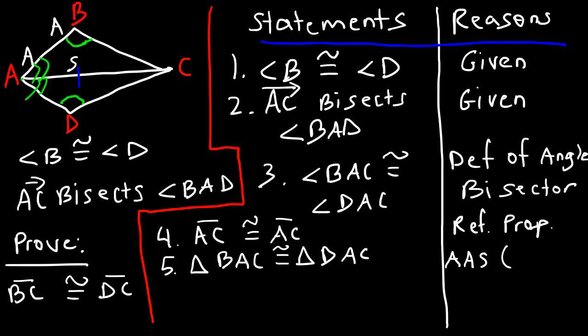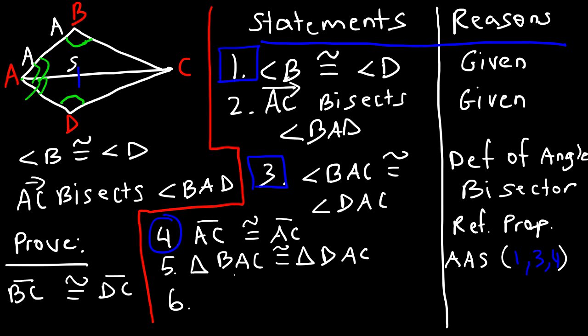So the first thing we did, we proved that B is congruent to D. So that was the first angle we proved, and that was based on statement 1. And then we showed that angle BAC and DAC are congruent. So that's based on statement 3. And finally, the common side, which was the S symbol, and that's for statement 4. So it's based on statements 1, 3, and 4.